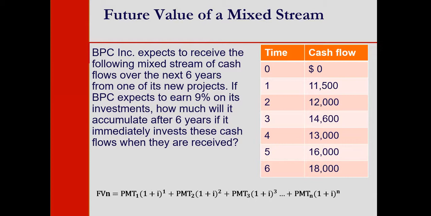If BPC expects to earn 9% on its investments, how much will it accumulate after 6 years if it immediately invests these cash flows when they are received? Getting the future value here is exactly the same: for every payment you can get the future value, for this one, this one, this one, this one, and this one.